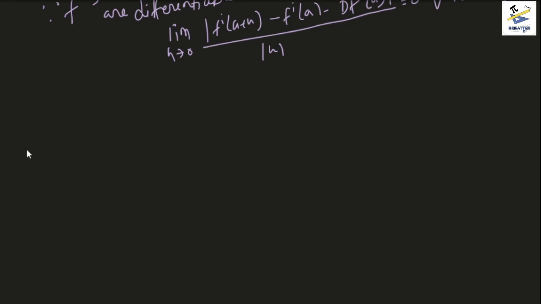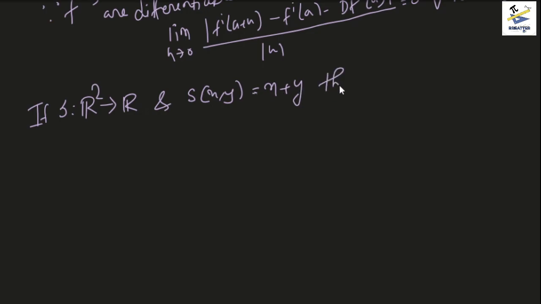Let's say s of x comma y is basically x plus y, then we need to prove that ds of a comma b is basically s itself. Now how do we do that?